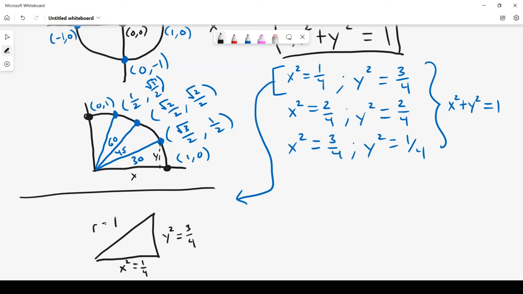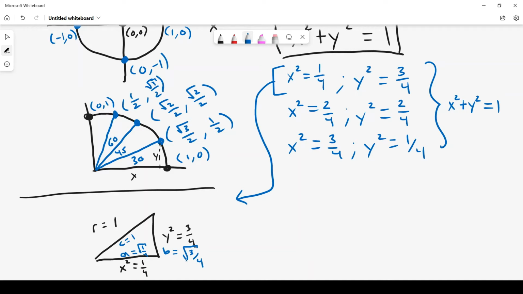And so if you want to think about this in terms of a, b, and c, I guess for this I'll put our radius is equal to r. Again, this is our c is equal to 1. Our a is equal to the square root of 1/4. And our b is equal to the square root of 3/4 here.